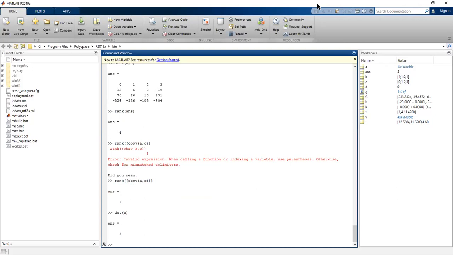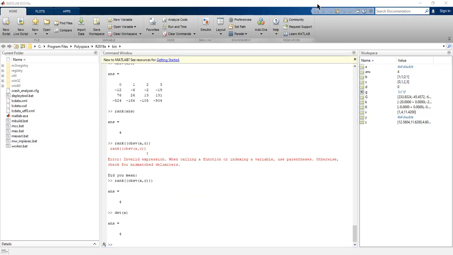Wait a little bit. The determinant of A is 4. Something is wrong, but anyhow.